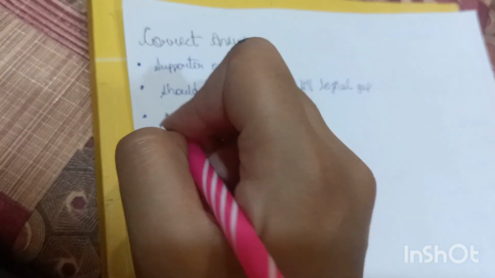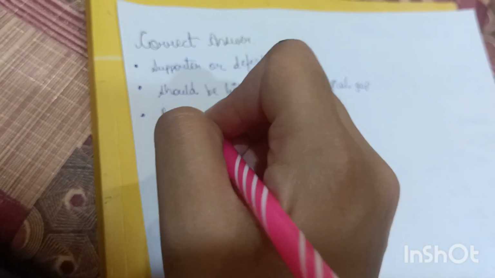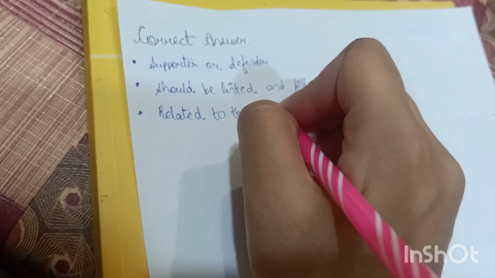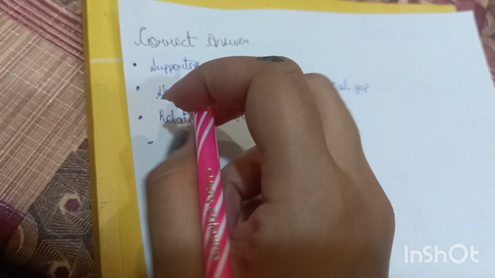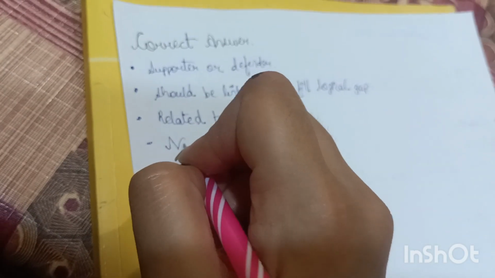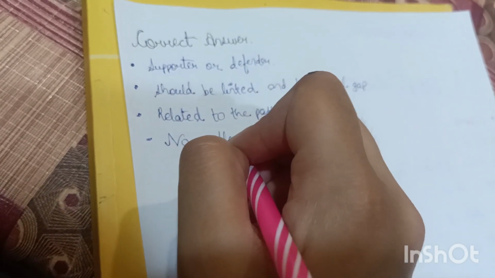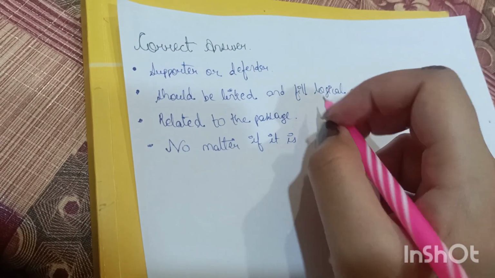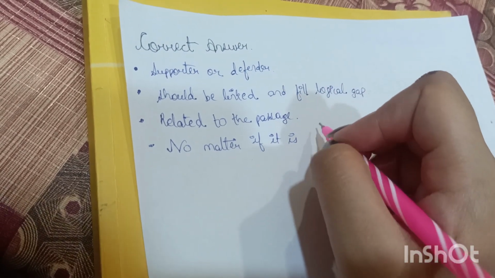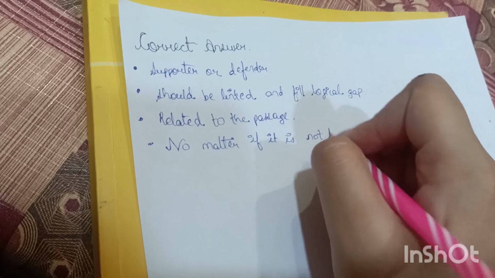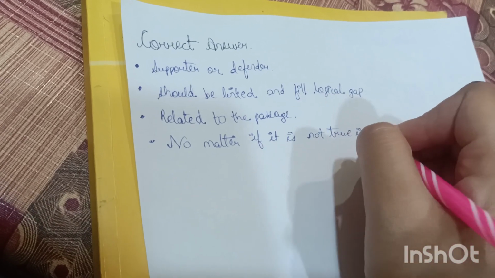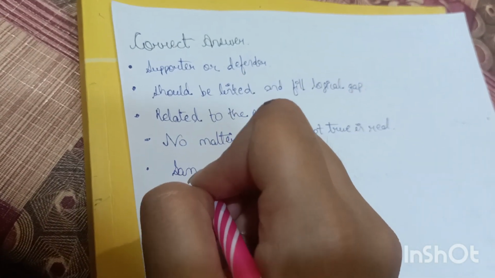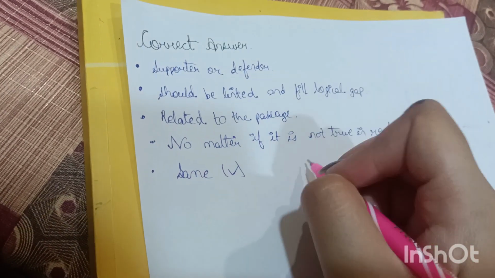Third one is it should be related to the passage. The next one is no matter if it is not true in real life. Next one is it should be same and not similar.